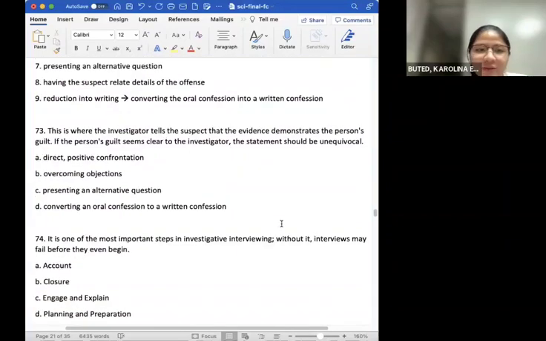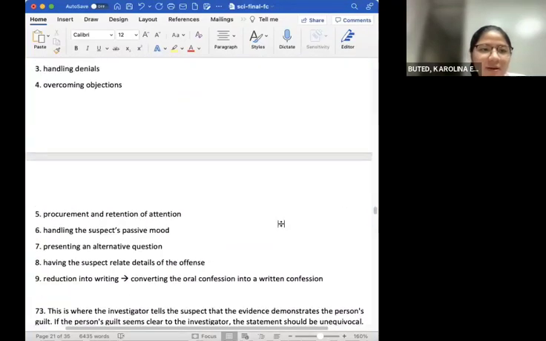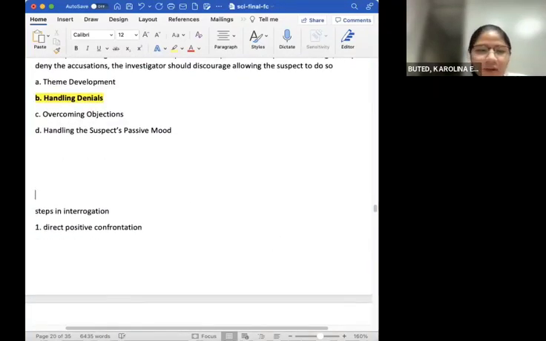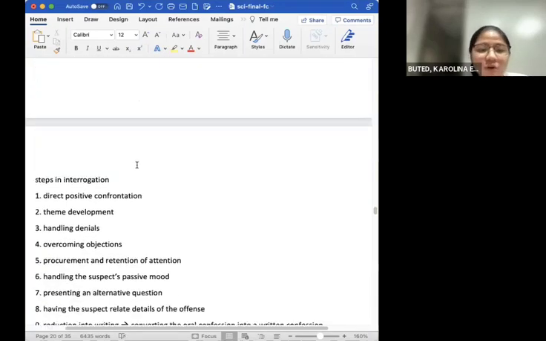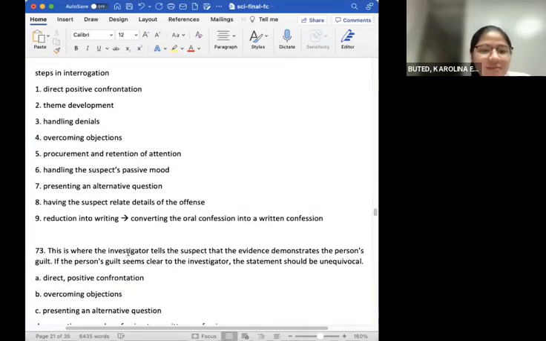Kino-confront natin sila. Kino-confront na natin sila dito. The investigator tells the suspect, oy, meron ka ng or meron ng ebidensya laban sa iyo. That is direct positive confrontation.